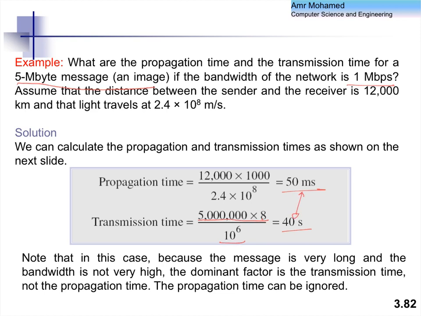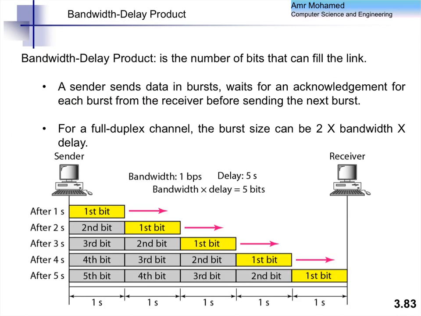So it becomes 40 seconds. So it's clear now that 40 seconds is much more than the propagation delay, and the propagation delay becomes negligible in that case. So in these types of scenarios, we can simply ignore the propagation delay and calculate the transmission delay.